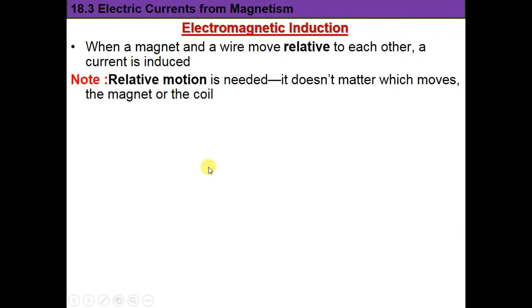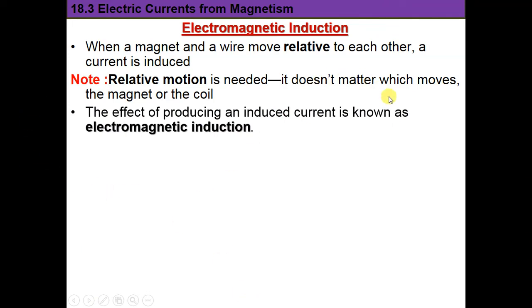Maybe the magnet is at rest and you are moving the loop in and out of the magnet, or the loop is at rest and you are moving the magnet in and out relative to the loop. So it doesn't matter which one moves. The most important thing is to have a relative motion that causes the magnetic field to change.